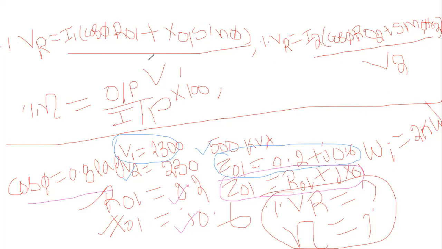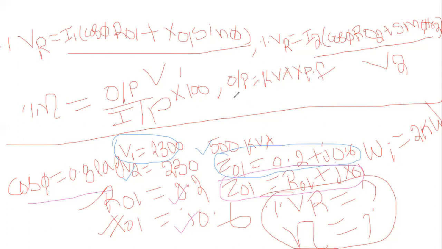In this question, there is no direct representation of the output, but the kVA is given. As we discussed in the previous problem, the output is equal to kVA into power factor.